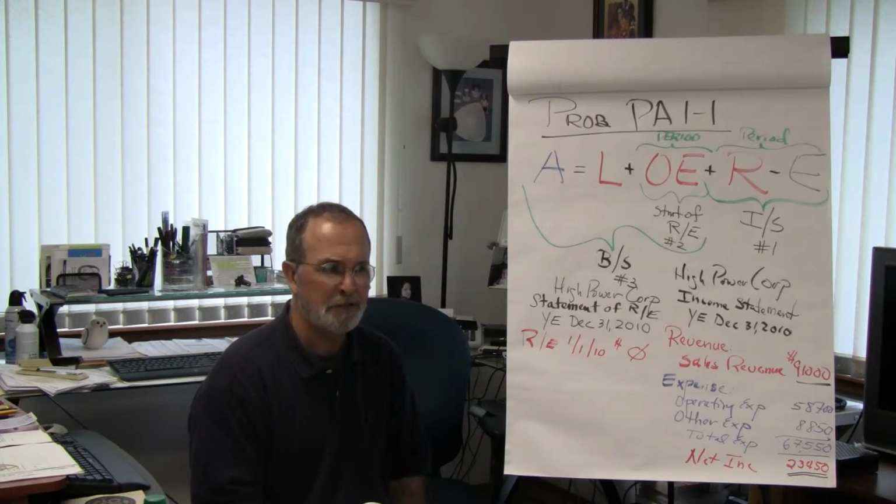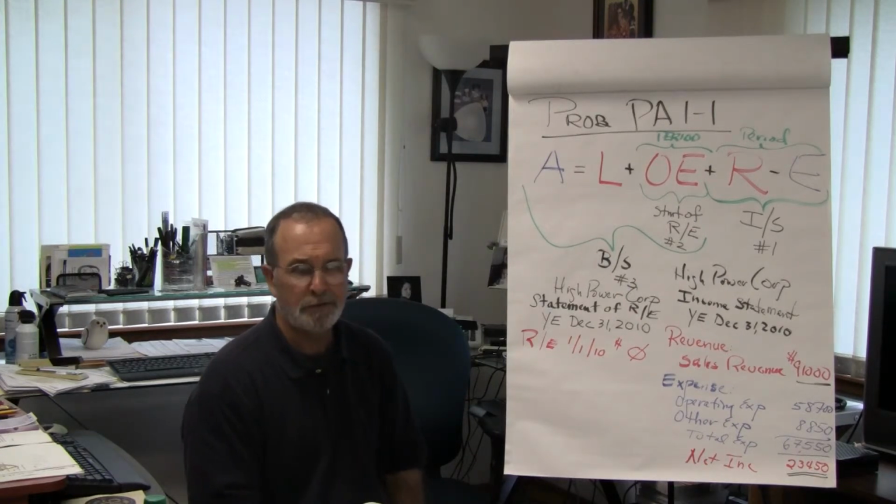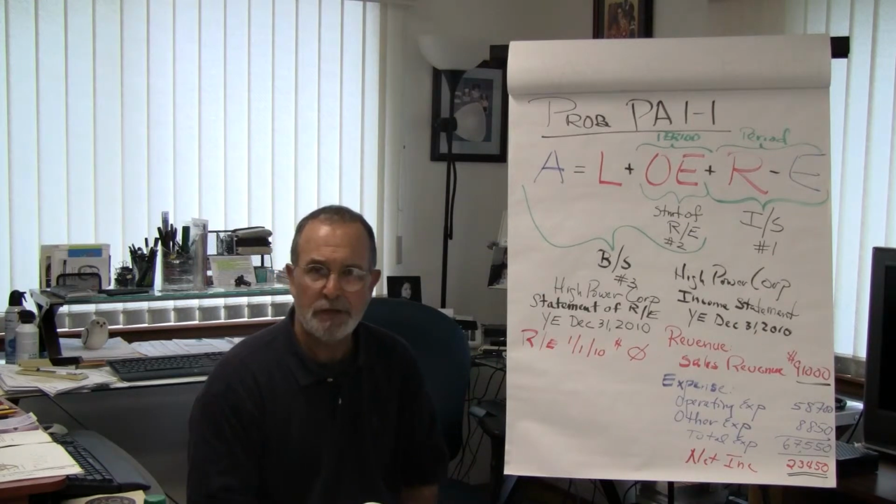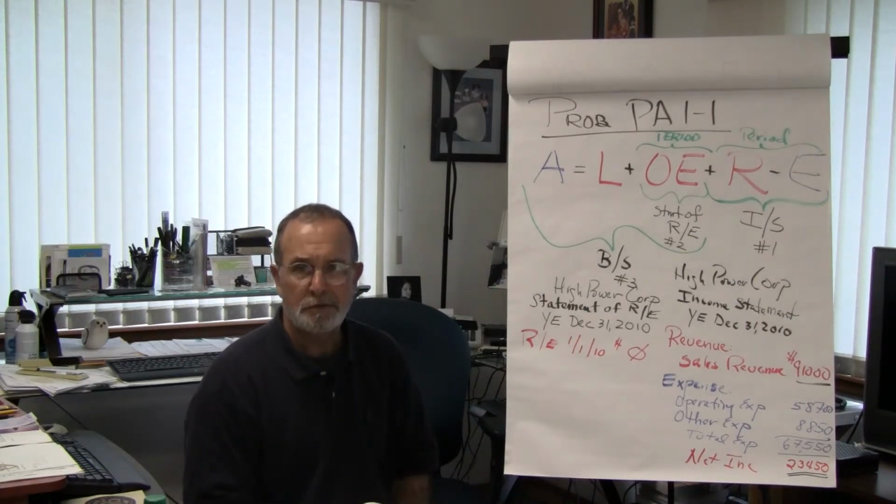If you're a sole proprietor, an owner of a business that you own yourself, then at any point in time during the year, you may decide to take cash out of the business. And for a sole proprietorship, those amounts are referred to as drawings.